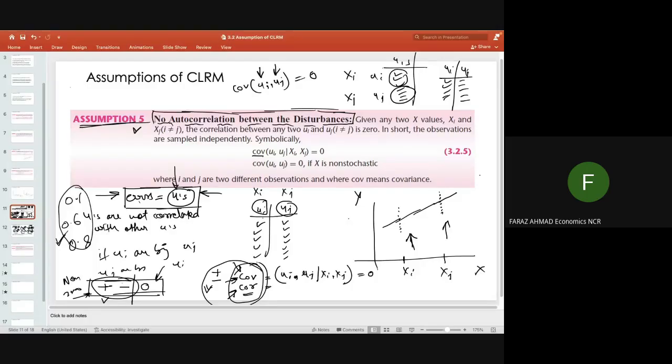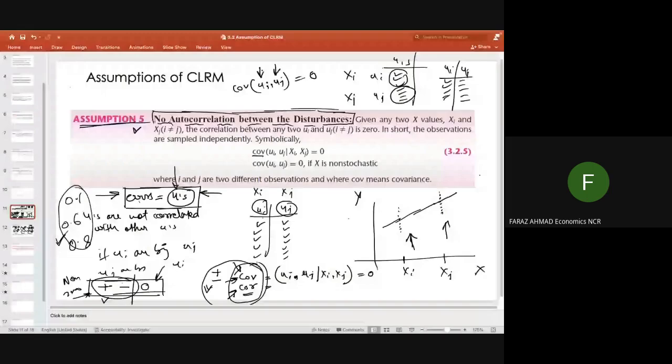There should be no covariation between ui and uj, no correlation between them. They should not change or vary together. The variation should be random, which is evident in this third graph.